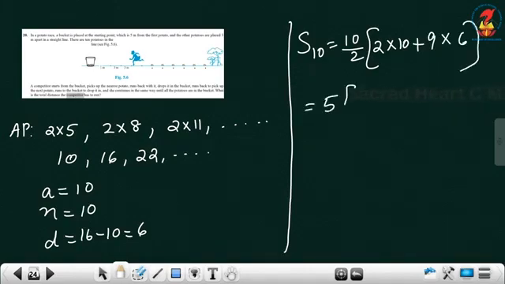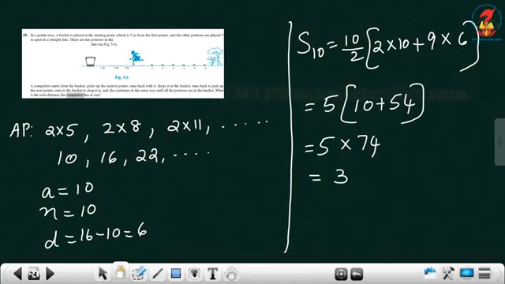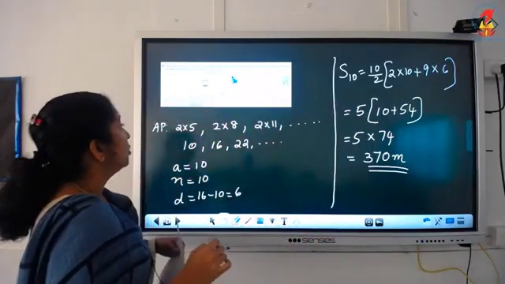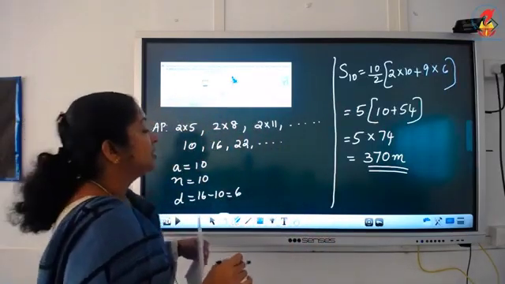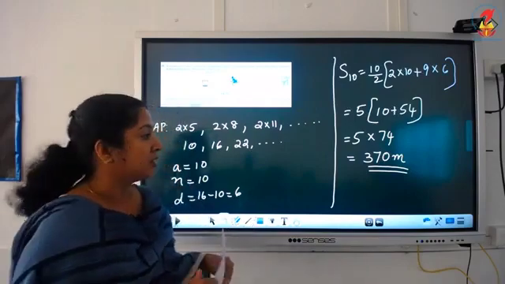So it is 5 × (10 + 54), which is equal to 5 × 74. So which is equal to 370 meter. This is the total distance covered by the competitor, 370 meter.